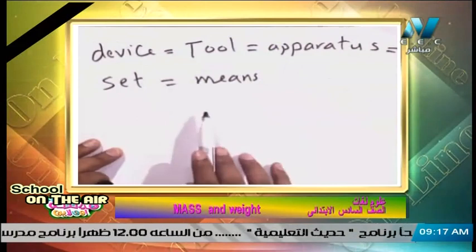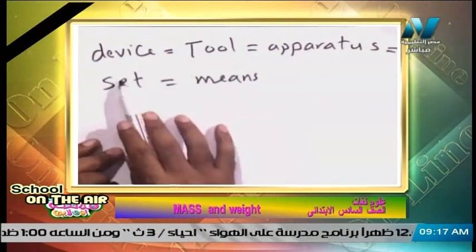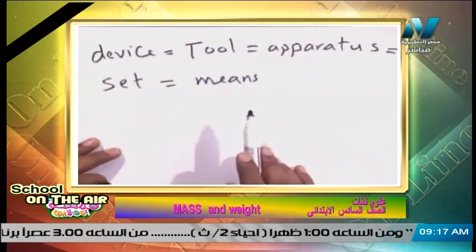All of this means a means, a way. Measuring tool equals measuring device, measuring apparatus, measuring set, measuring means.